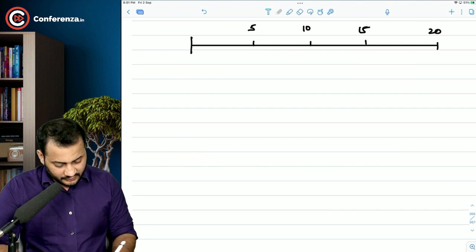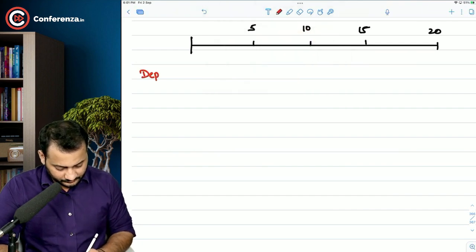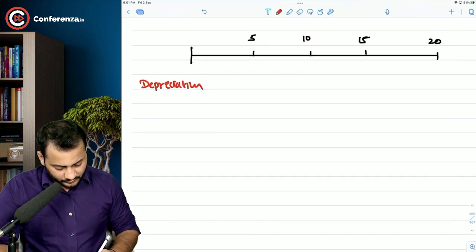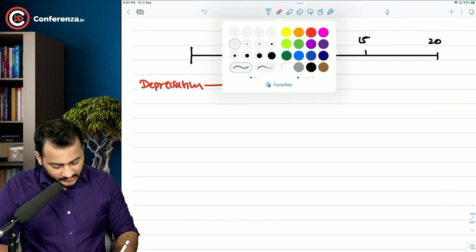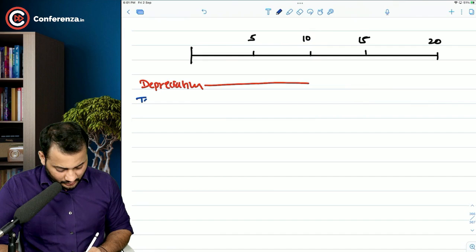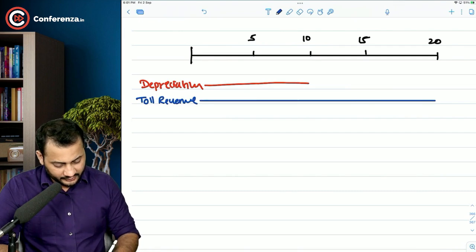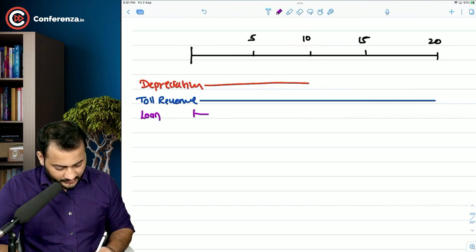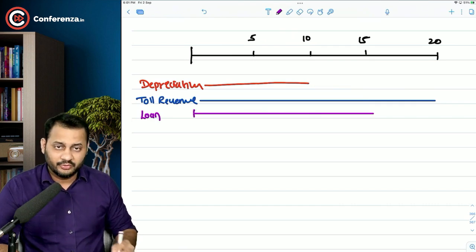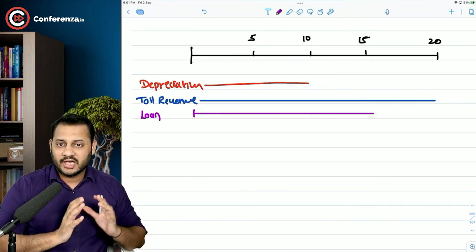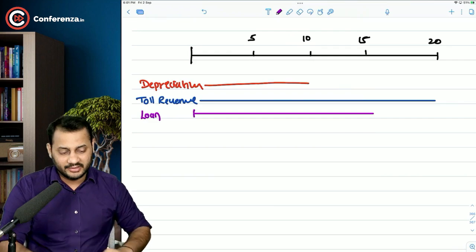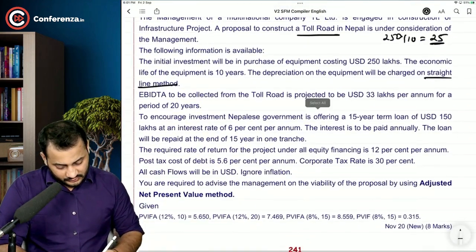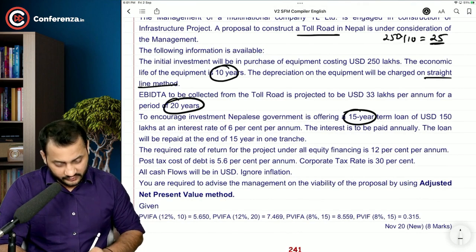The very first thing which was given was the depreciation, that you are going to utilize for 10 years. Then toll revenue you are going to collect for the entire 20 years. Then the loan amount that you are going to repay in 15 years. So you need to understand the timeline and restrict your cash flows related to these parts to that timeline itself. So 10 years, 15 years, 20 years.